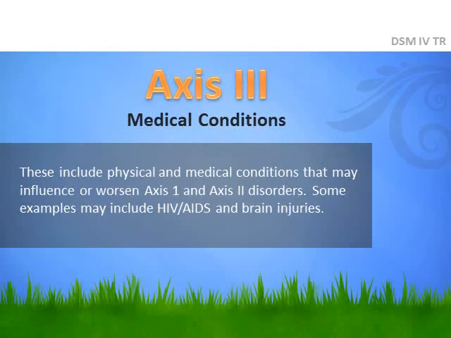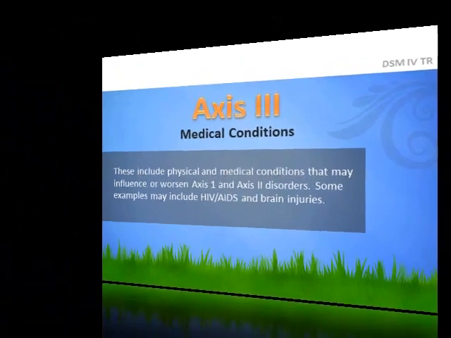This is where the interface occurs between psychology and medical issues. These issues include medical conditions that may influence or worsen disorders that are found in axis 1 and 2. Such things as HIV/AIDS or traumatic brain injuries.